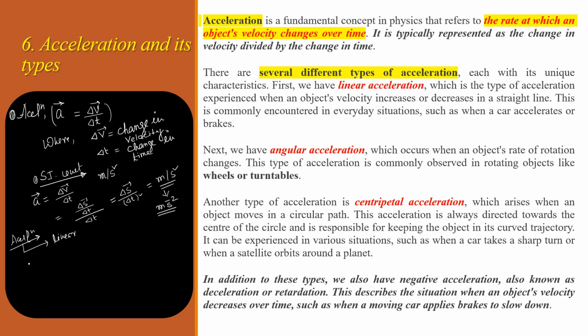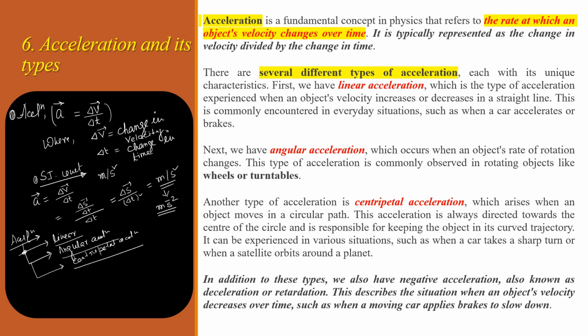Then angular acceleration, and the third one is centripetal acceleration. In case of circular motion and rotational motion, it arises. This is very important. So angular acceleration, linear acceleration, and centripetal acceleration.